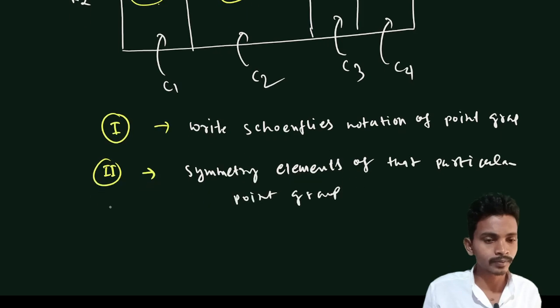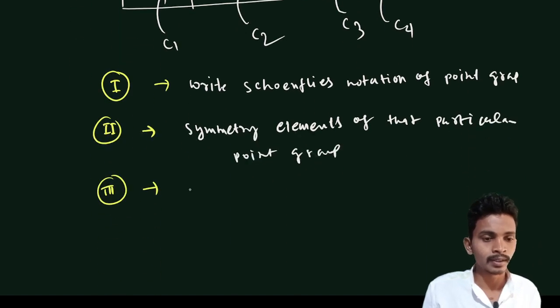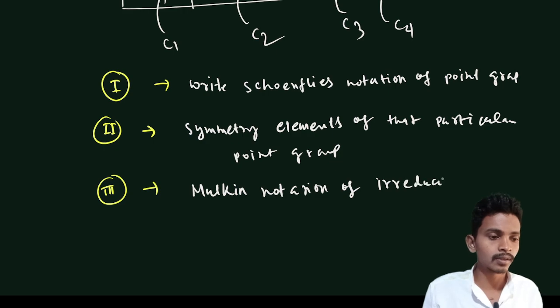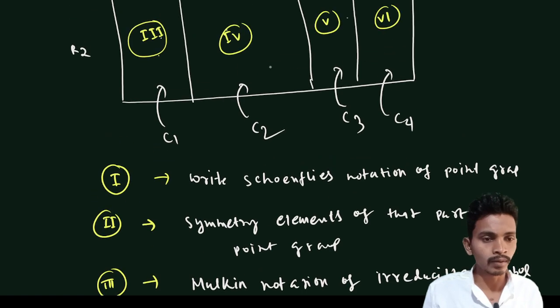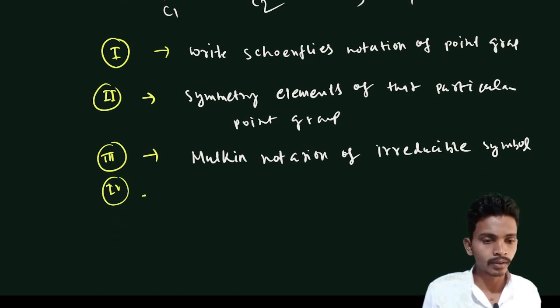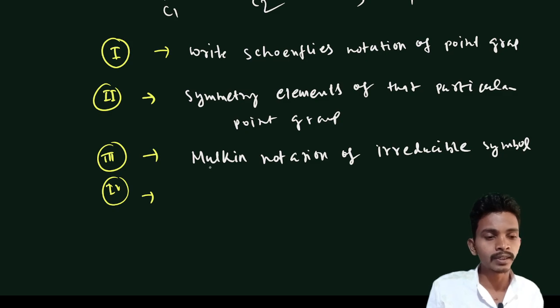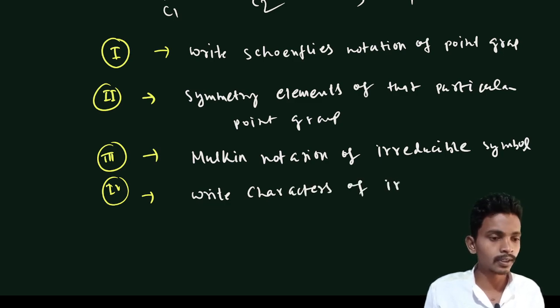And what will be in 3? In 3 we will write the Mulliken notation of irreducible representations, the irreducible symbols. And in 4 we will write the characters of irreducible representations.